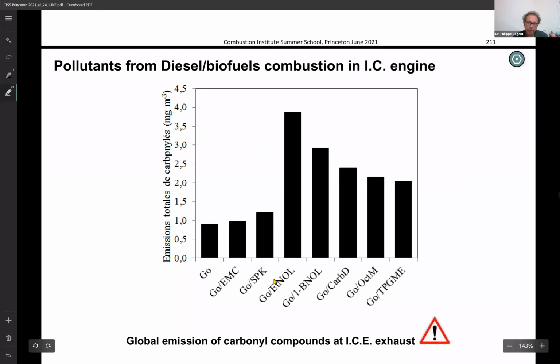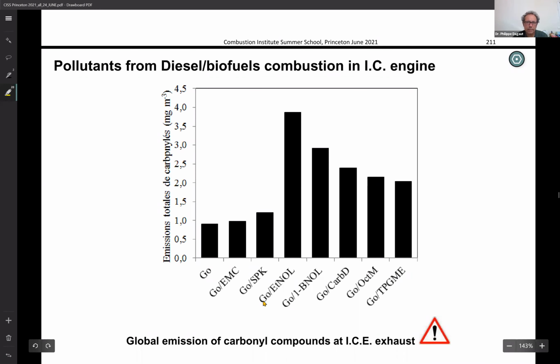And the mixture with synthetic paraffinic fuel, mixture with ethanol, with butanol, with diethyl carbonate, and methyl octanoate, and the polyether.